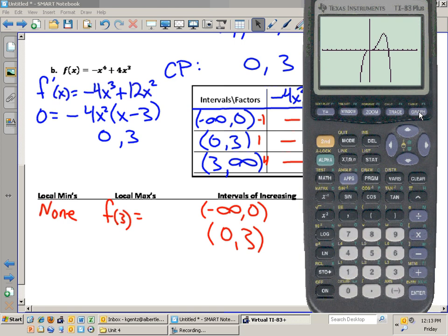There we go. Do you guys see what happens right there? There's a triple root at 0. So there's no local min or max. It simply flattens out at that one spot.